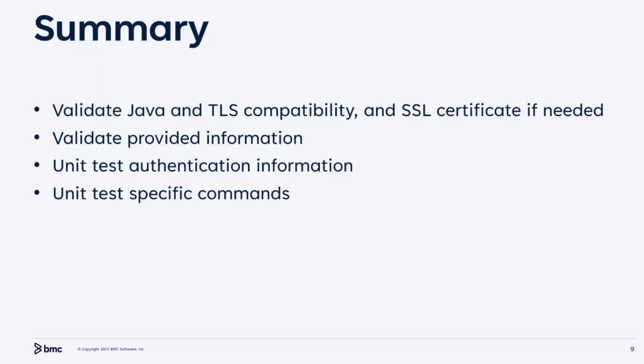In these 3 demos, we demonstrated ways to validate the information that you have to access the third-party REST API. Validate in particular authentication information, because that is a common issue. And these are common actions to make sure that it works before you try to integrate it with Helix ITMC.